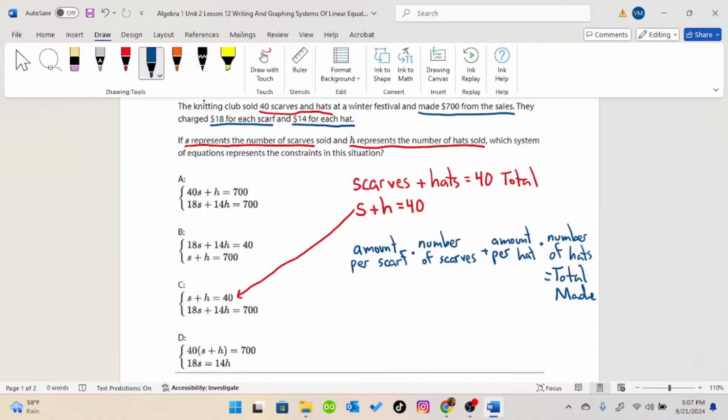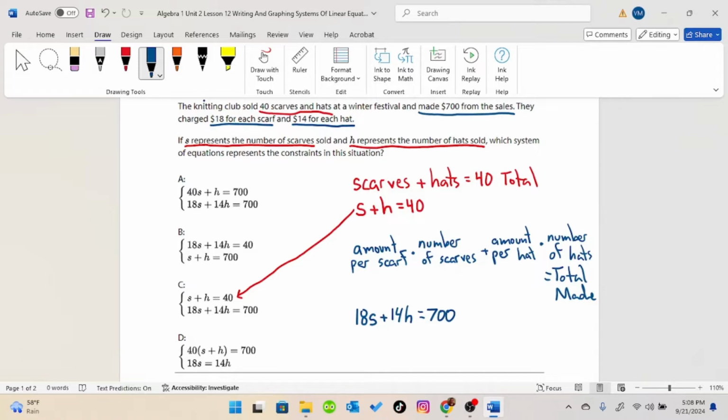So we know the amount per scarf is $18. We know that scarves are represented by S. We know the amount charged per hat is 14, and we know that H represents the number of hats. And this is going to equal the total amount made, which we know is $700.